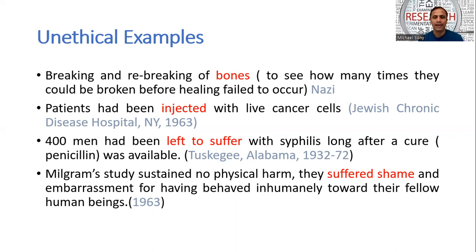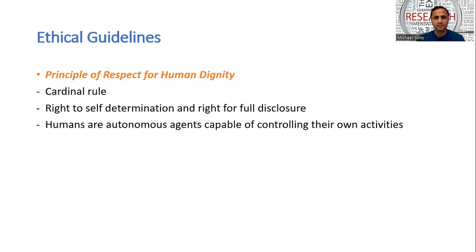We will now examine various aspects of individuals which we need to protect while carrying out research. Some of the ethical guidelines are: every human being has a right to be respected, and we should respect individuals' human dignity.